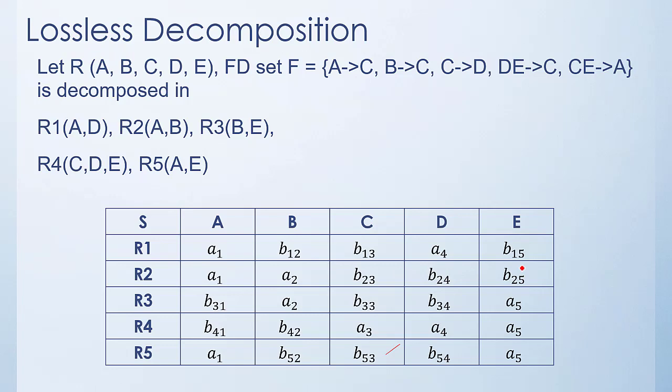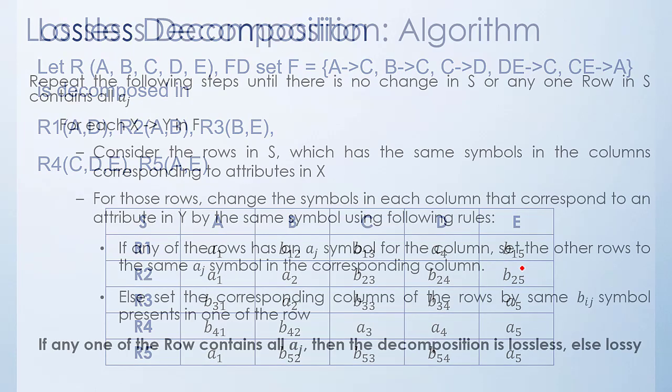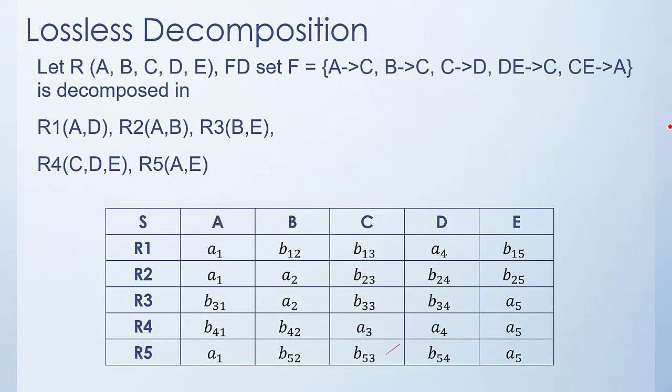How we are going to change the values of the cells is mentioned in this algorithm. For each functional dependency X determines Y in F, consider the rows in S which have the same symbol in the columns corresponding to the attributes of X. So first we need to take each and every functional dependency.